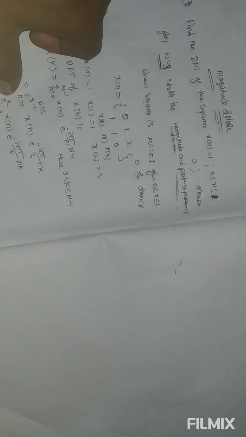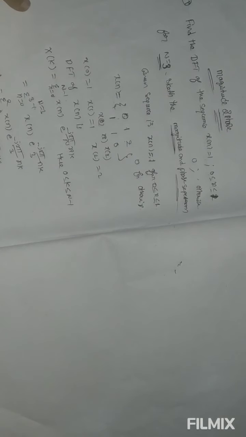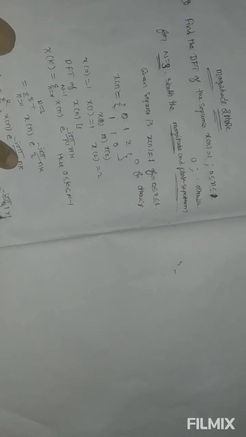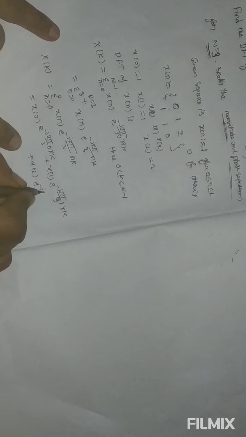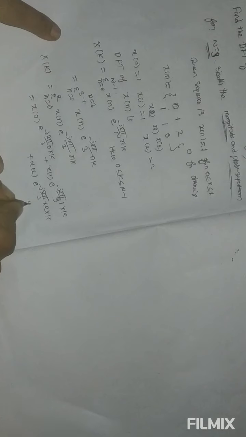Expanding this expression: x of 0 e power minus j 2 pi by 3 into 0 into k, plus x of 1 e power minus j 2 pi by 3 into 1 into k, plus x of 2 e power minus j 2 pi by 3 into 2 into k, where 0 less than or equal to k less than or equal to N minus 1.